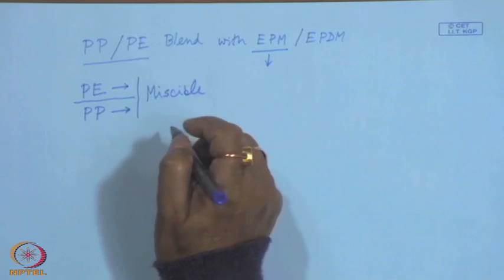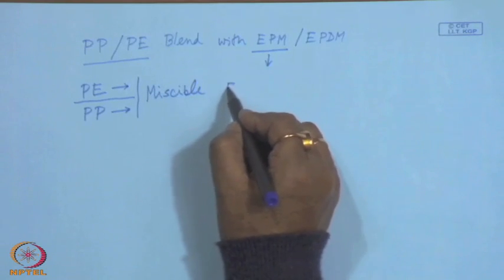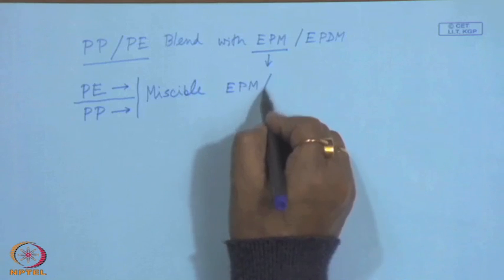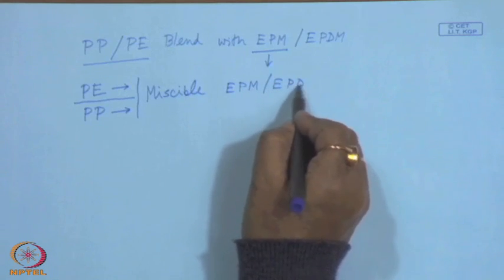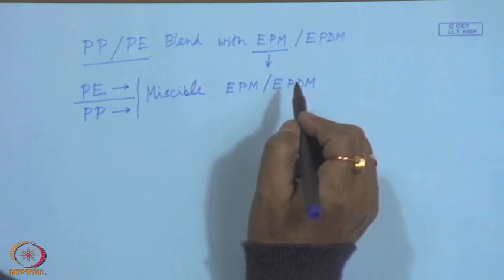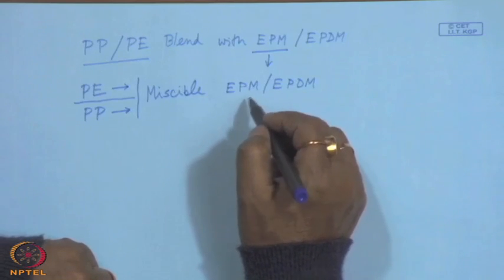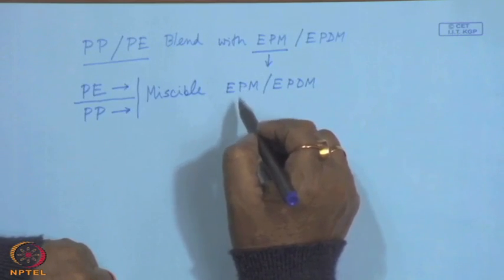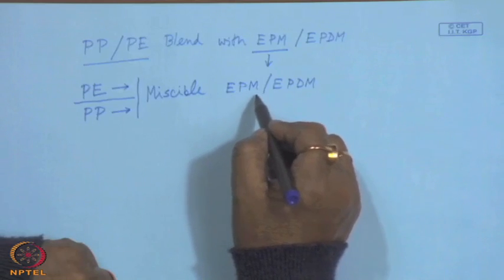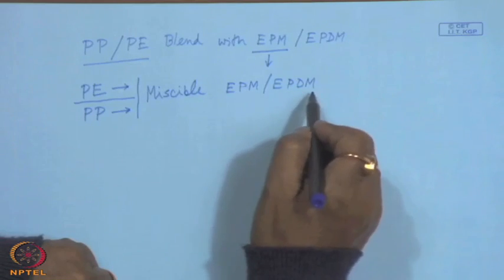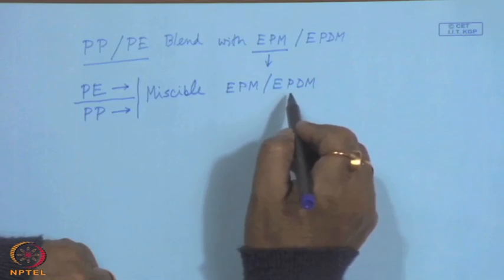Now, that can be made miscible provided some compatibilizer is used. In that case, again this EPM or EPDM is a solution to develop compatibility. The reason is very similar. Either EPM or EPDM contains both ethylene and propylene units in their backbone chain.